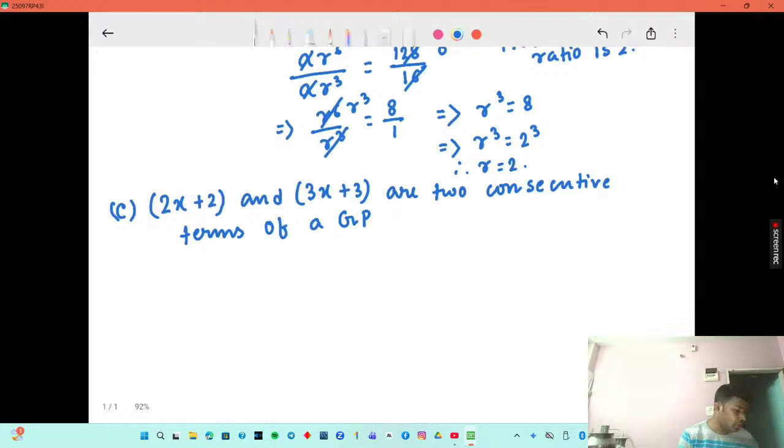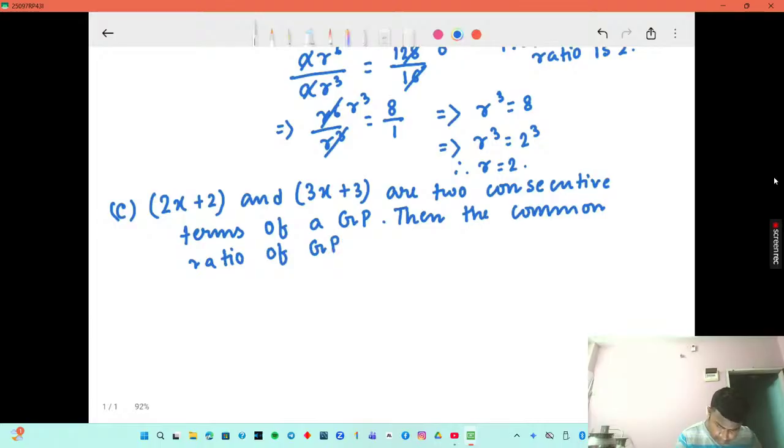Then the common ratio of the GP is. So here what is the question given? Here the question is given as 2x plus 2 and 3x plus 3 are two consecutive terms of a GP. Then the common ratio of the GP is.